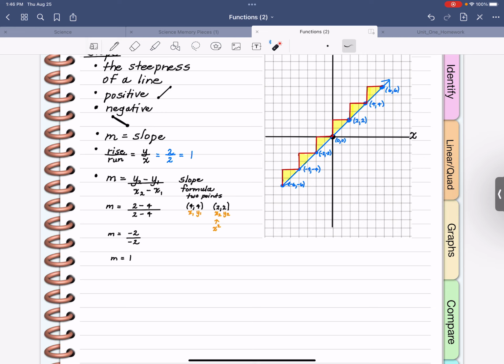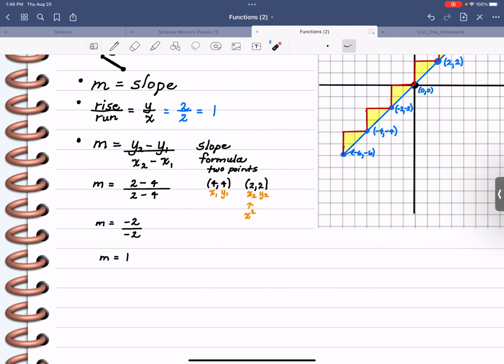But as you're learning it, you won't be able to do that as easily. You could also tell your slope right here at rise over run because it's up 2 over 2, that equals 1. So we proved mathematically that the slope is 1. I knew it already, and you knew it too, because we found it right here.